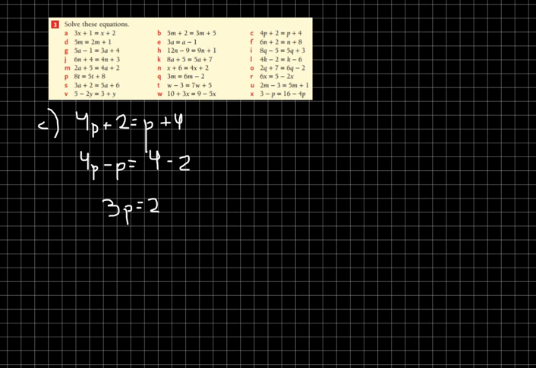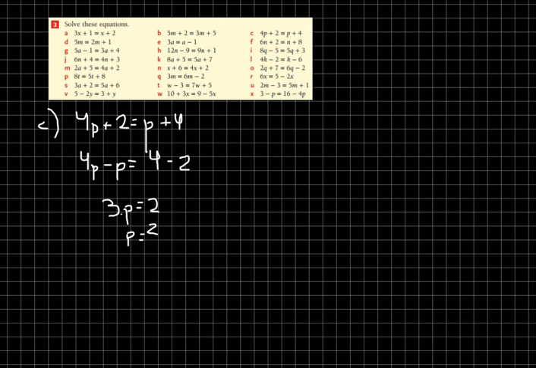Now, let's be clear with this. We haven't isolated the unknown. Isolate the unknown means leave the letter or the unknown completely alone. But it is not alone. Here it has a 3, which is multiplying the p. So that 3 goes from this side to the other side.